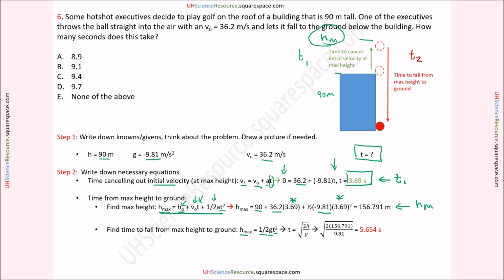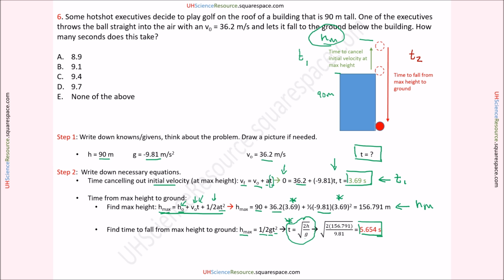If we rearrange the equation, we can find out what the time was. And what we get is the square root of 2 times the height divided by gravity. If we plug in our values, we should get the time it took to fall from the maximum height down to the ground below as 5.654 seconds, shown right there.